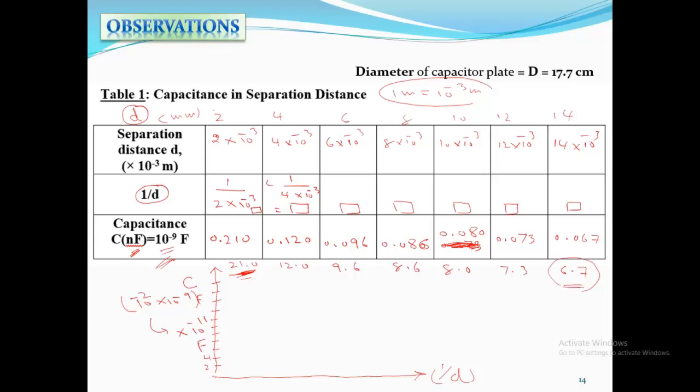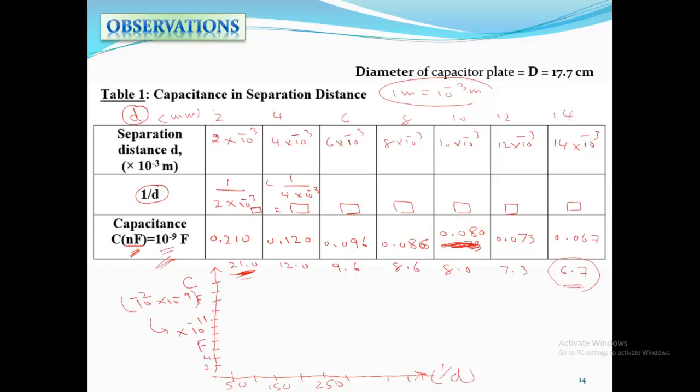For example, this is your 21, and here you would write, for example, 50, 100, 150, 200, 250, 300, 400, 500. So up to 550 or up to 600, you can keep it on the x-axis.